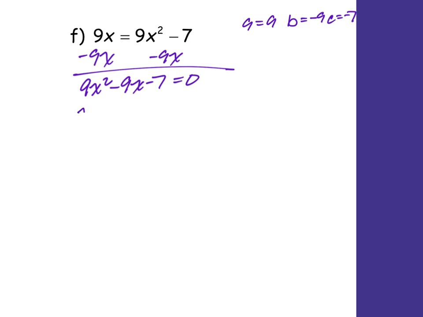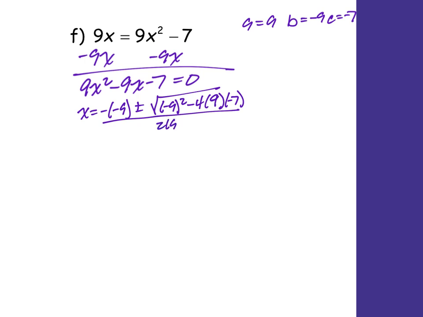So x equals minus a negative 9 plus or minus the square root of negative 9 squared minus 4 times 9, not negative 9, 9 times negative 7, all divided by 2 times 9.